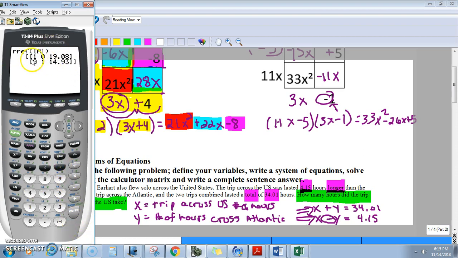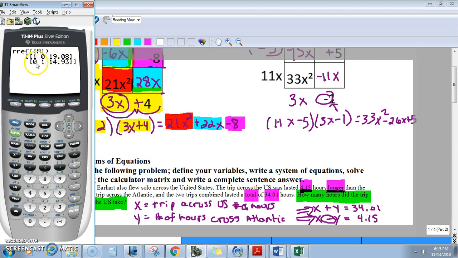So here, if you look at the matrix on the calculator where I'm pointing with my mouse, there's a 1 in the first column on the top. And if you look down here at the equations, x came first. So that means the trip across the U.S. took 19.08 hours.